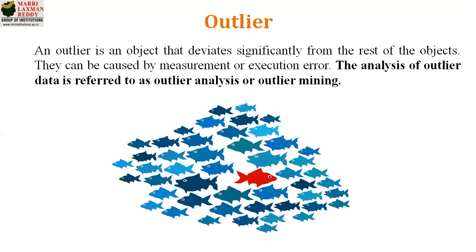The outlier concept is very important, because in real time, when you're working with real time data, you may encounter many unnecessary data values. They are called outliers, but outliers are not always useless. Sometimes even outliers are useful, but if you want to make them useful, you need to apply many methods, which we will see in today's session.